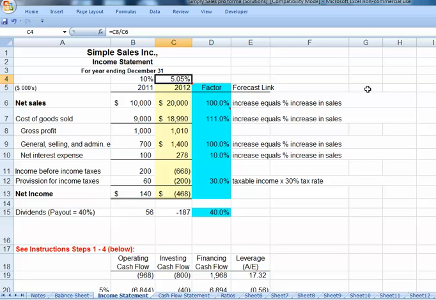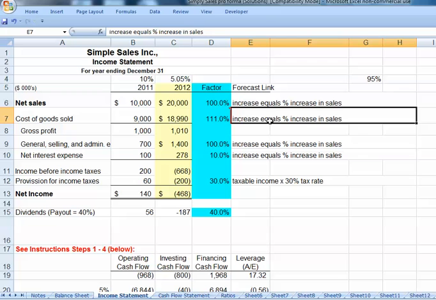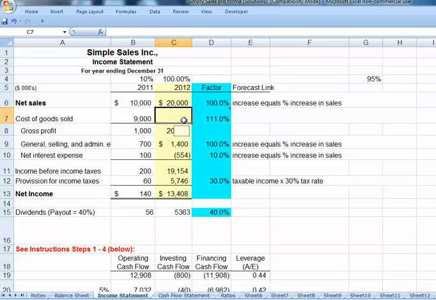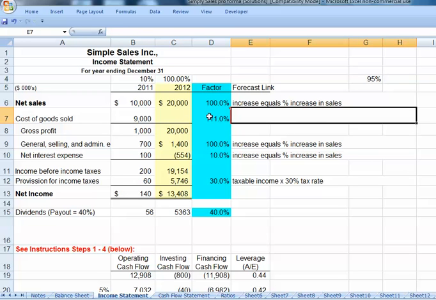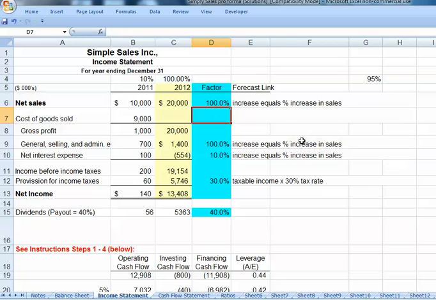When we talk about a gross profit margin of 5%, we're really saying we want cost of goods sold to be 95% of sales. So instead of doing a percentage increase, what if we changed our pro forma, both the formula and our factor, and all the way across? Let's specify cost of goods sold as a percentage of sales.